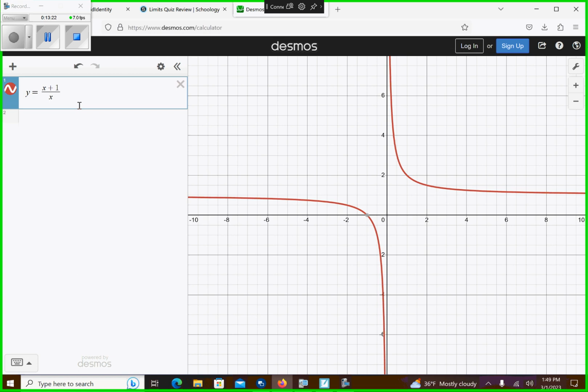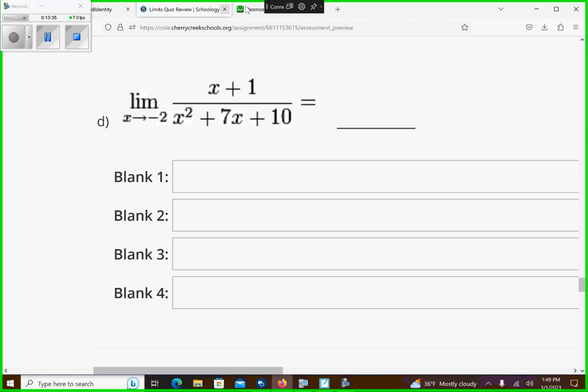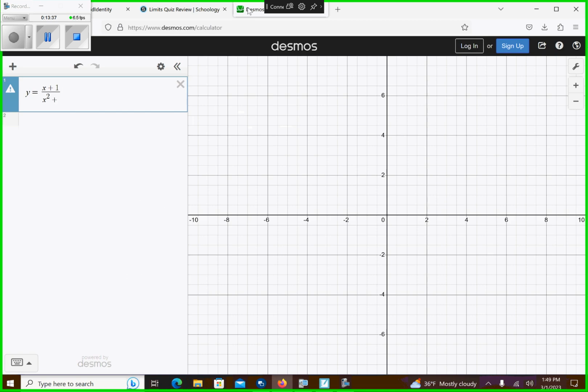Over x squared plus, was it 2x or 7x? 7x. I scrolled away.